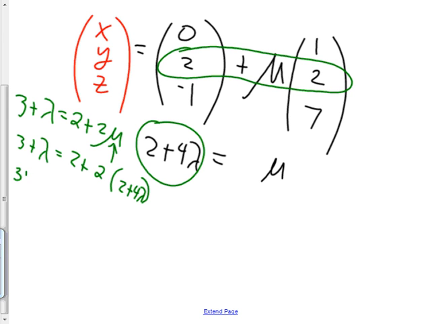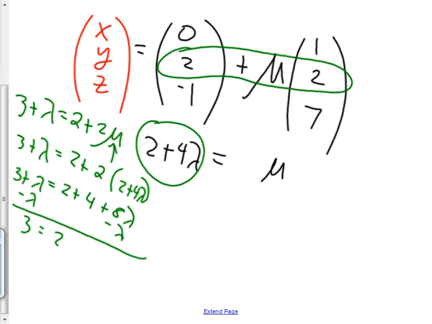Now I'm going to multiply it out. Times 2 is 4 plus 8 lambda. I'm going to subtract lambda from both sides.